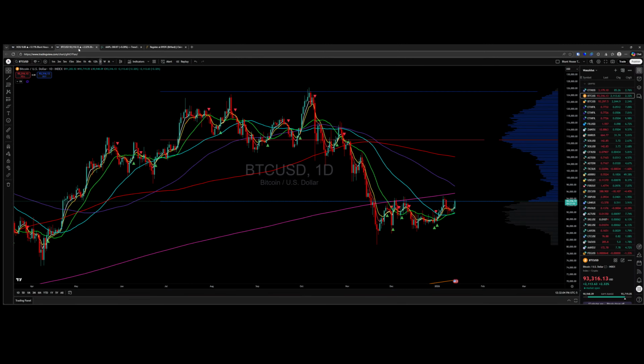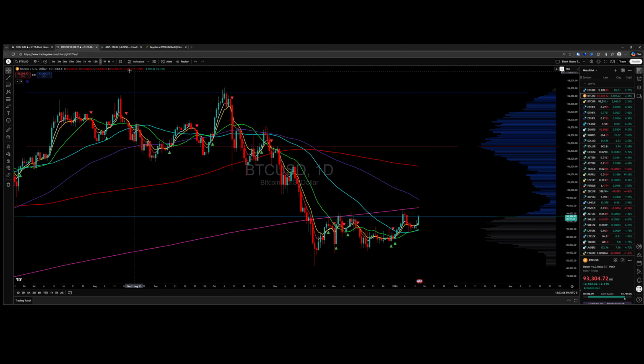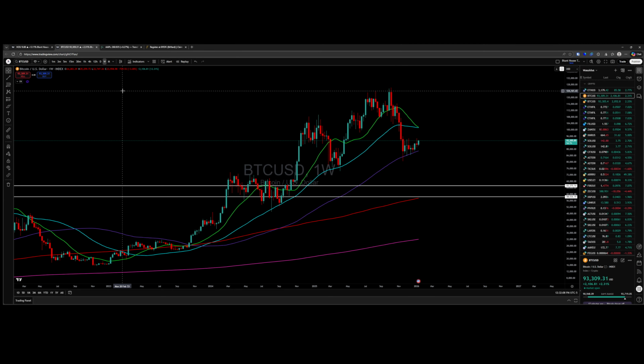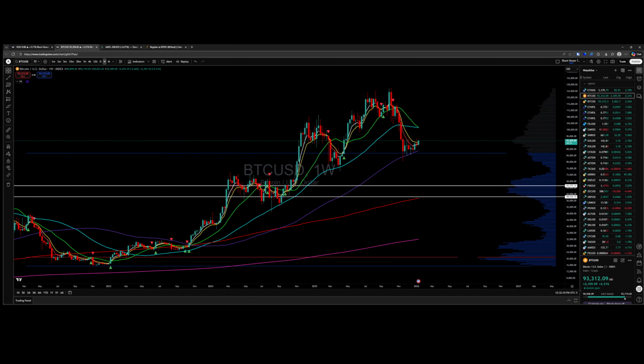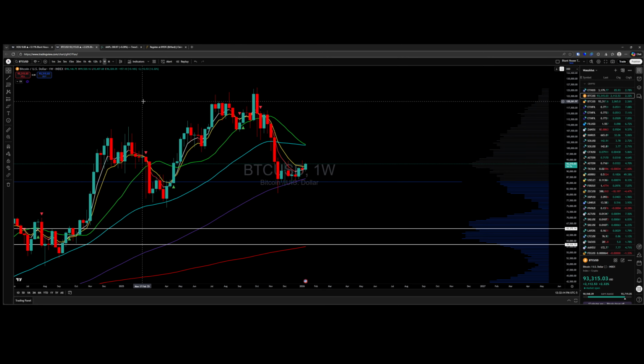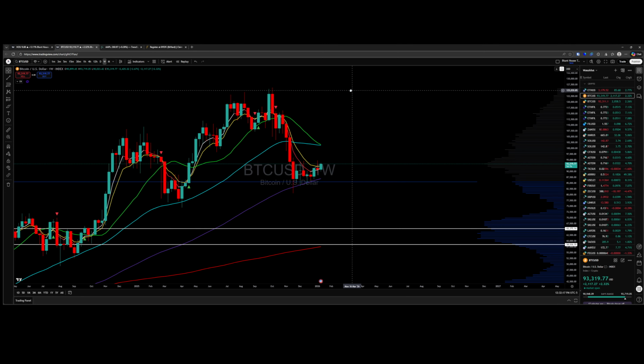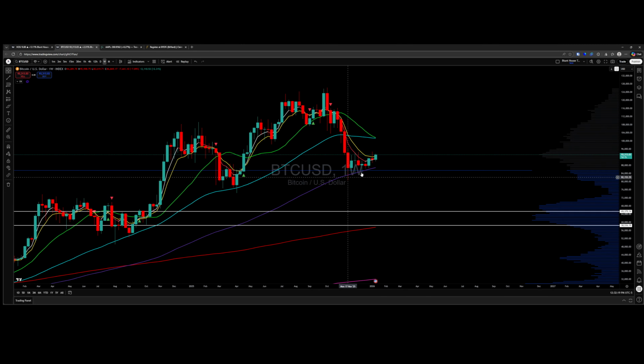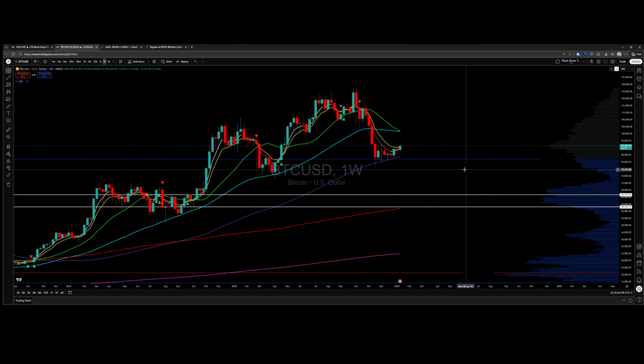I want to look at Bitcoin's weekly. I'm going to switch to another chart here. This is exactly what we're talking about. So, this is the support along the 100 MA that we've spoken about for several sessions now. Here's the upper value range on the volume profile.